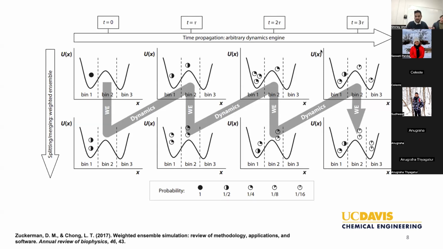So the set of trajectories that we get from WE is a complete ensemble. Whereas in accelerated MD, where we use bias potentials, we do not get the complete set of trajectories. We only get those trajectories which move across the free energy profile because of the addition of the bias potential.